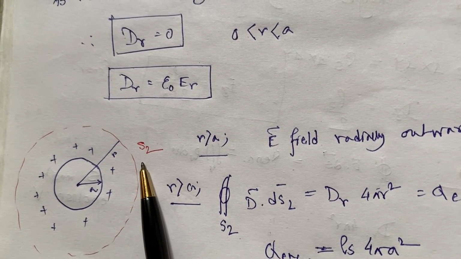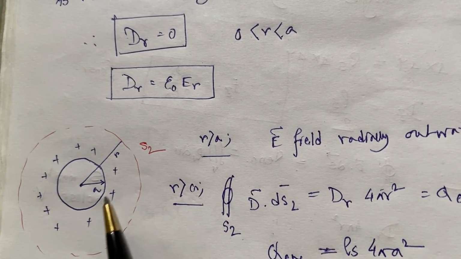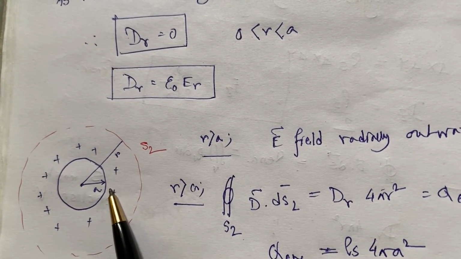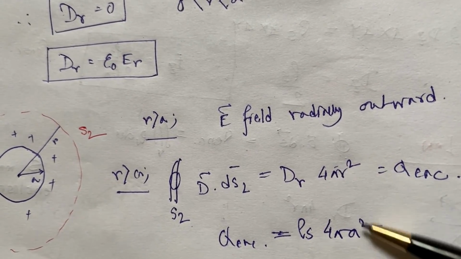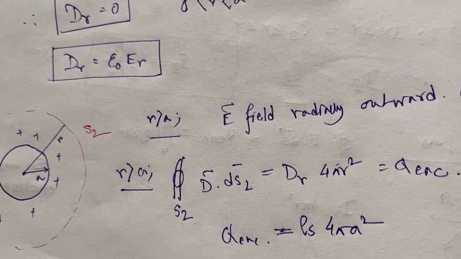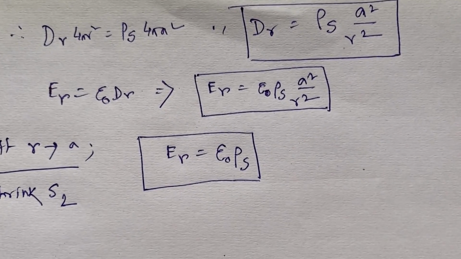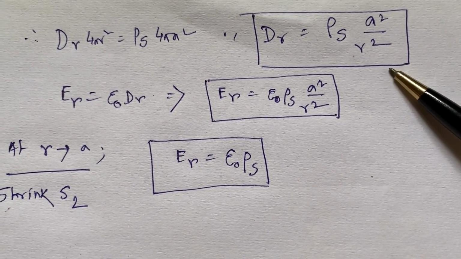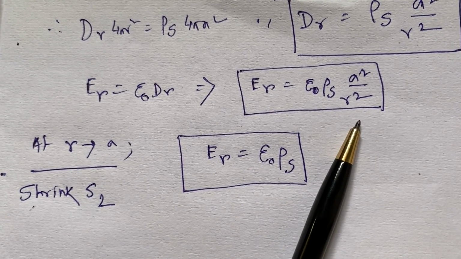And this S2 has completely enclosed all of these charges. Equating this equal to this, what I obtained is D_r equal to rho_s a squared by r squared. Similarly, the electric field is this one.